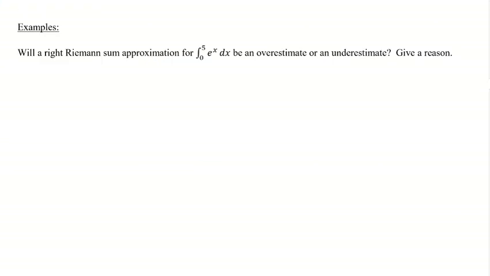So, for example, let's think about this. Think about this for a second, and then I'll ask y'all, is it going to be an overestimate or an underestimate? Okay, we're going to take the right Riemann sum approximation for the area under the graph of e to the x between 0 and 5. So what this really requires of you is to know what the graph of e to the x looks like.